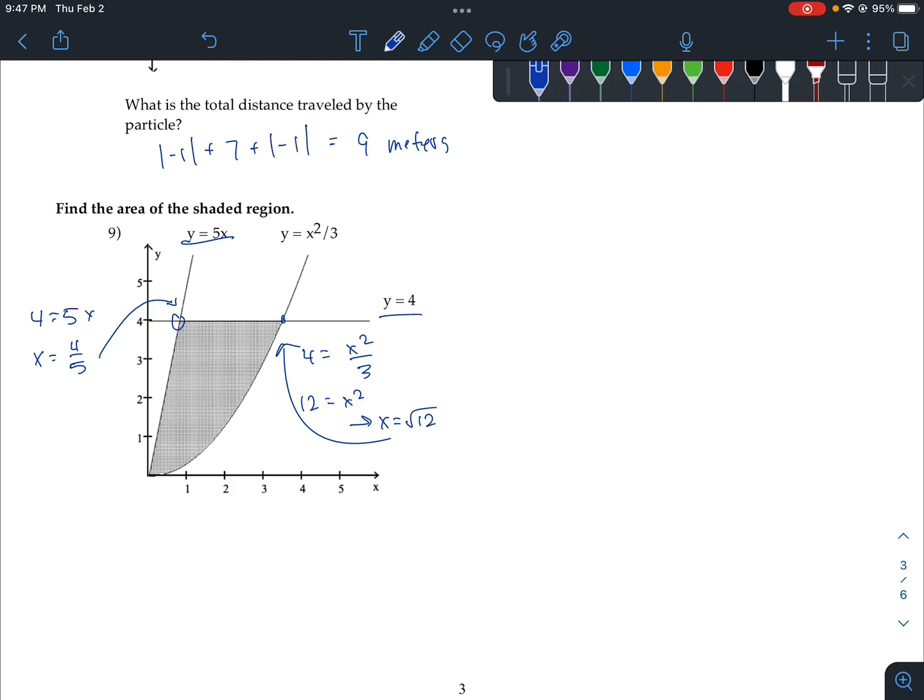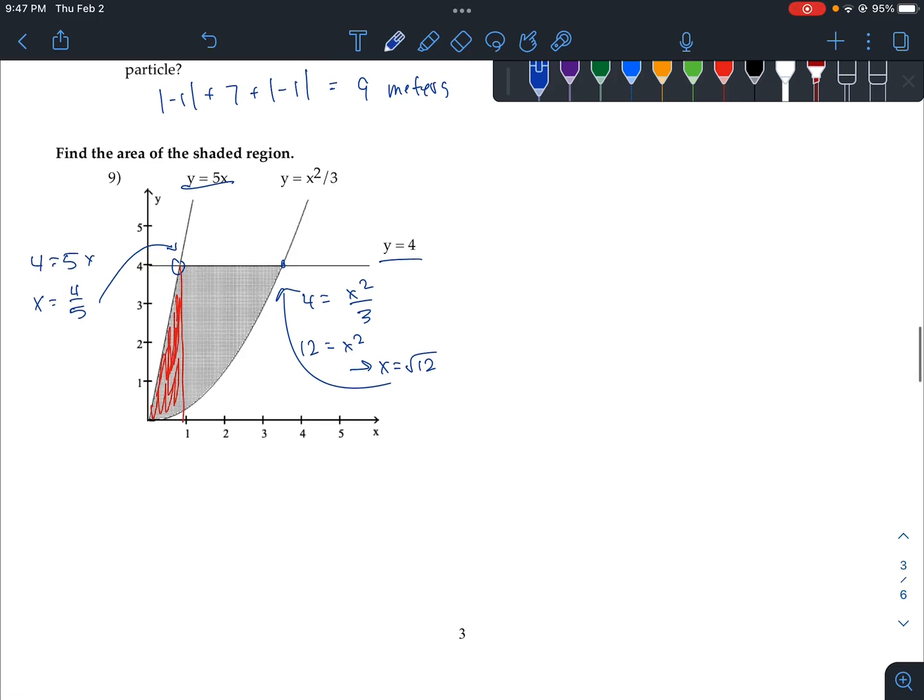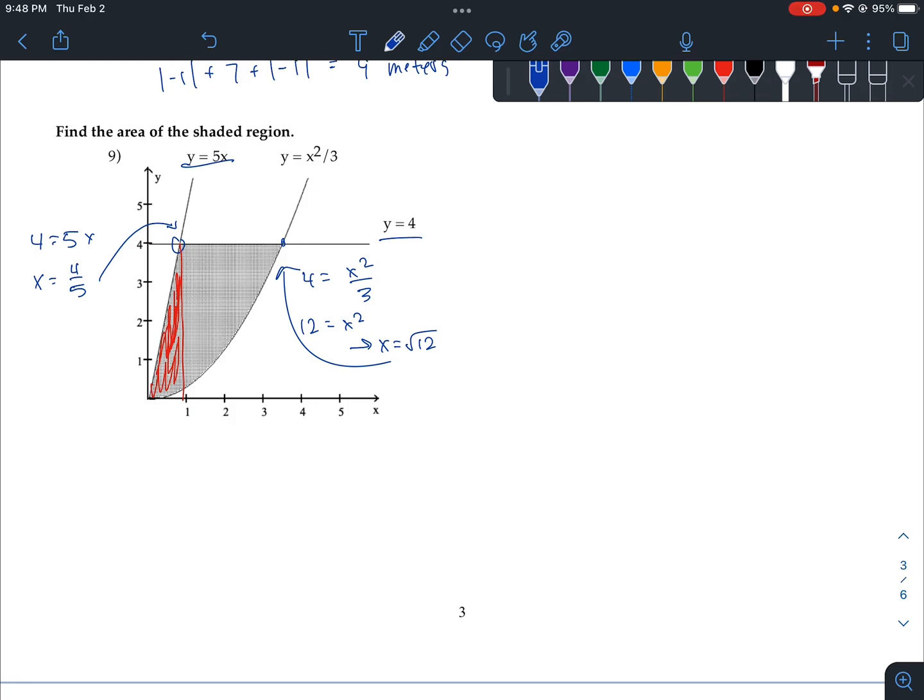Okay, so with that being said, I want to find this area right here. So I'm going to need to take the integral from 0 to 4/5, and then we want the function that is above, which is 5x, subtract the function that is below, so that's going to be 1/3 x squared dx.